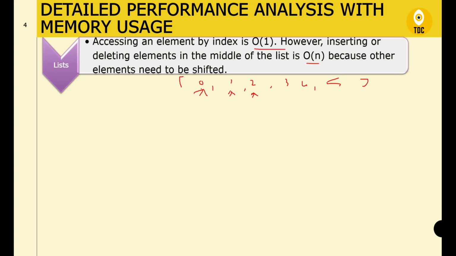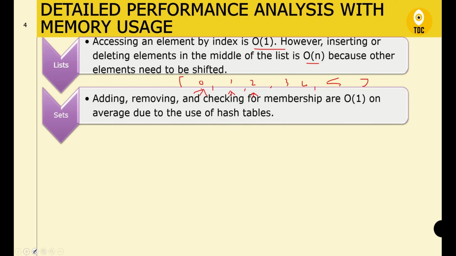Okay, and if you consider set, adding, removing, and checking for membership is always big O of 1 on average due to its use of a hash table. So internally set uses a hash table. It uses a mechanism called hashing. You can just Google it and see what hashing is.